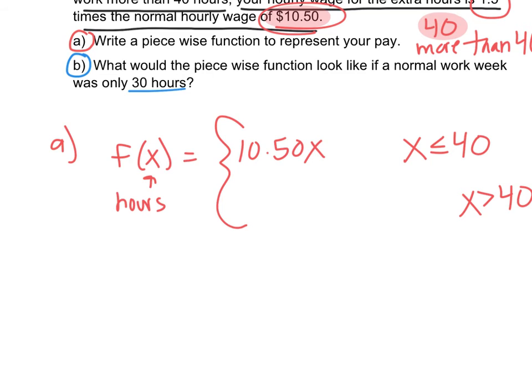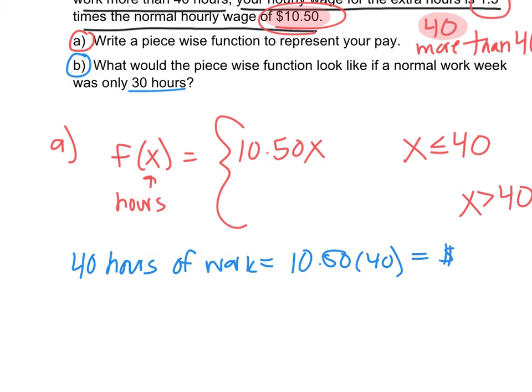So before we fill that in, let's do a little work down here at the bottom. So how much do we get paid for 40 hours? So 40 hours of work would be $10.50 times 40, and that would be $420. So that's how much we get paid for 40. So if we work more than 40, like we're going to in this second equation, we're going to get paid for those 40 hours.